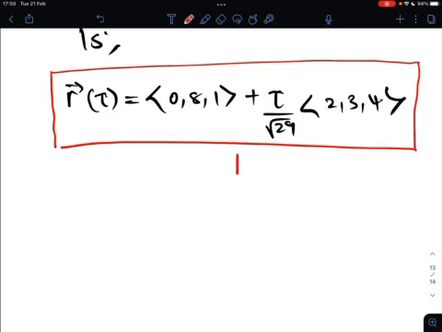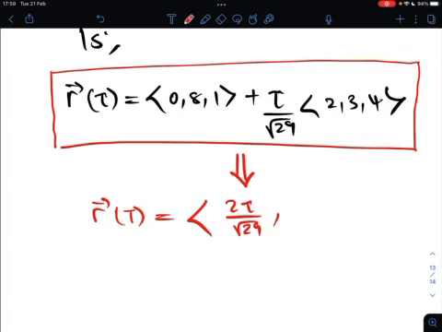The right-hand side can be compressed into a single vector by adding component-wise. You will get 2 tau over root 29, then 8 plus 3 tau over root 29, and 1 plus 4 tau over root 29.